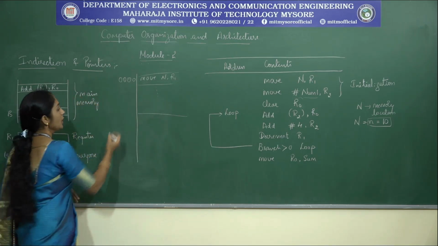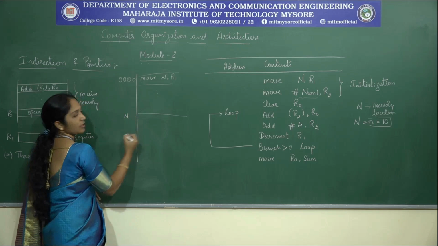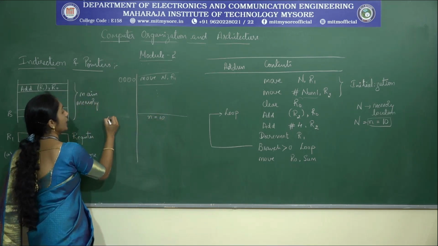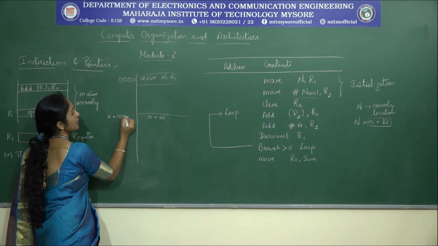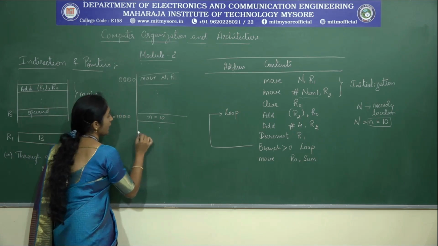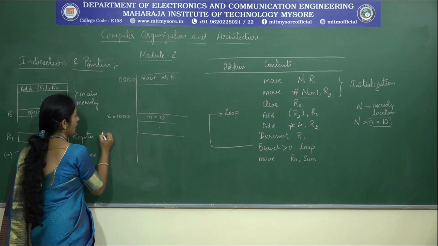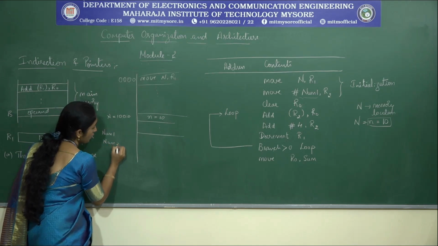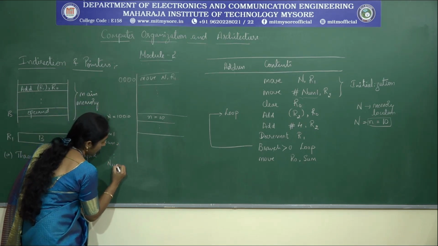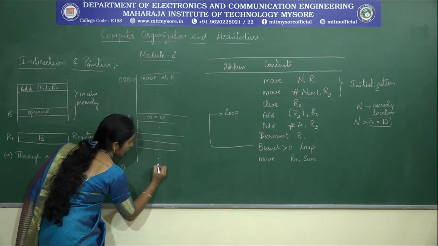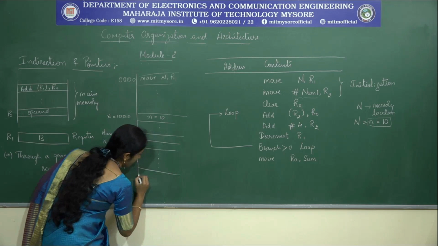Let us assume here we have some n which contains small n equal to 10, and let this n be at some location 1000. After that, let us assume we have num1, num2, etc., num n.